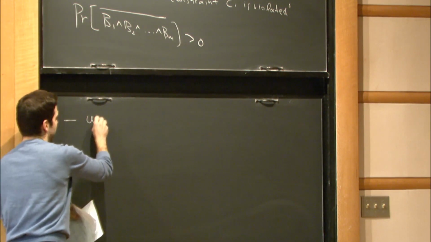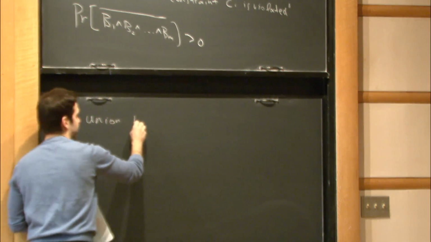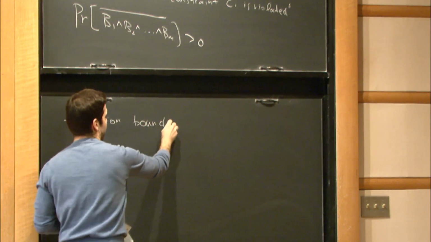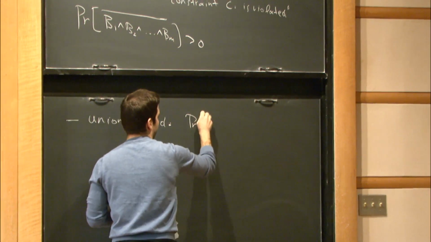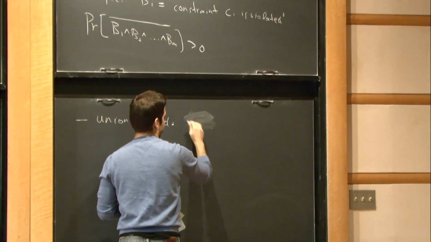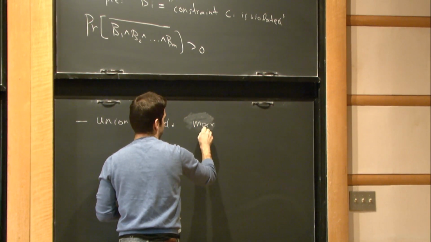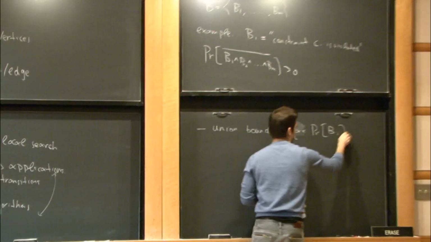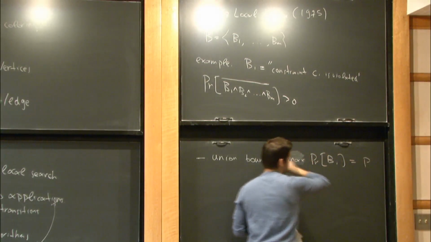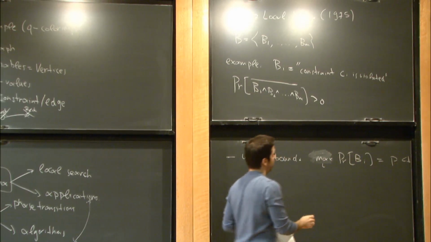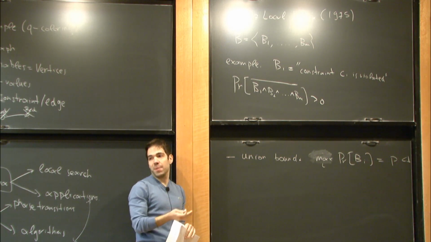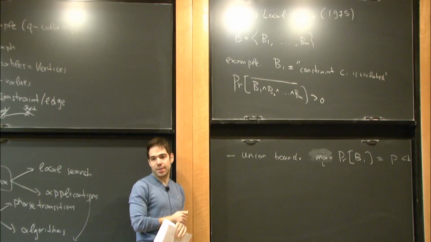Okay, so here are two trivial ways to establish something like this. The first one is the union bound. Okay, so let's say that the maximum probability among these bad events was p, and let's say it's less than 1.